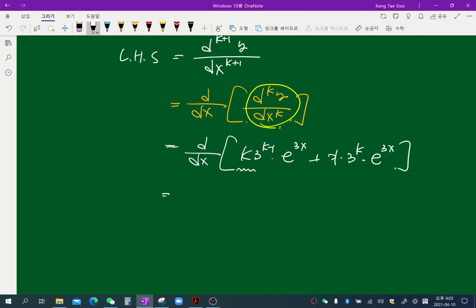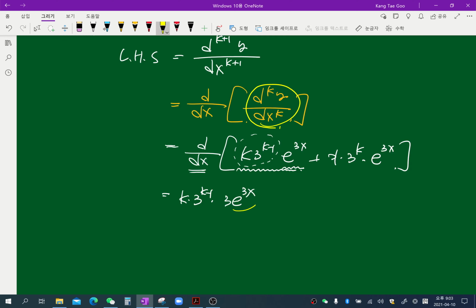If we look carefully about the first term, this doesn't have any x, right? And then we go for derivative with x, so we do just the derivative of e^(3x) only. K times 3^(k-1), we just leave those as a coefficient, and then 3 times e^(3x).